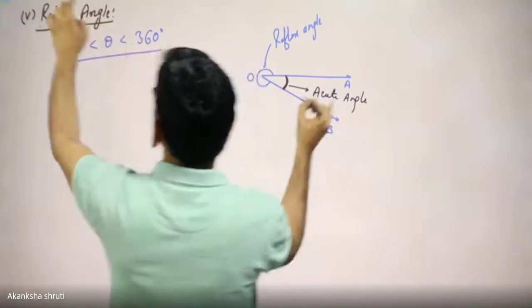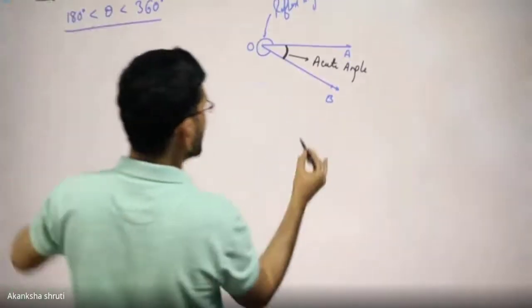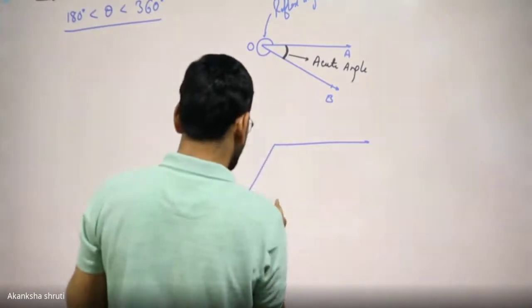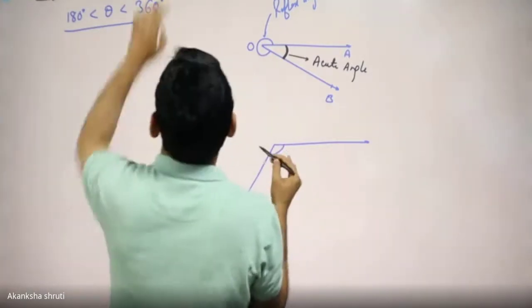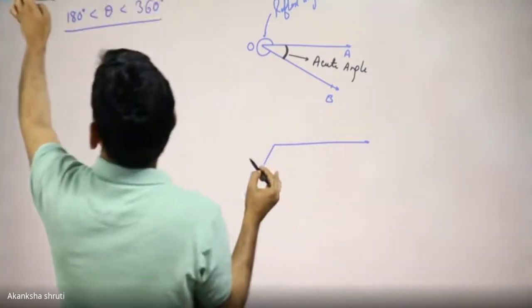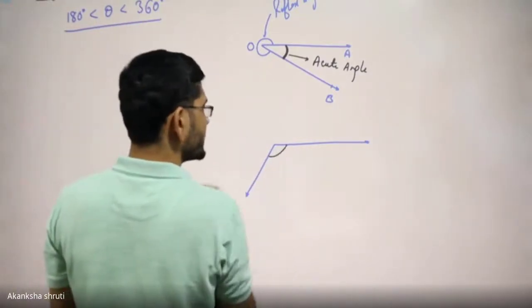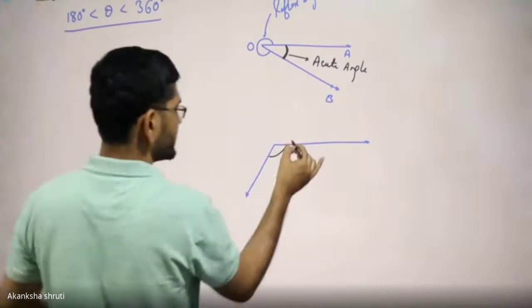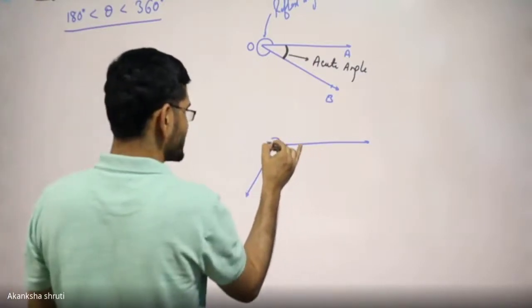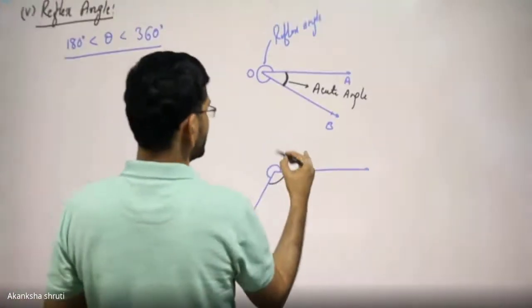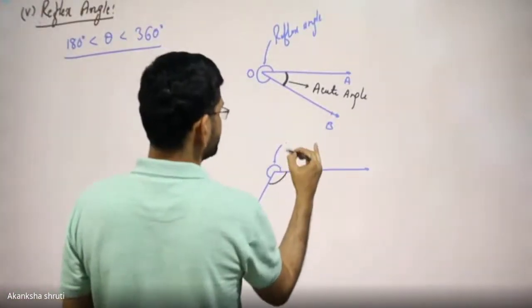It may be possible that a smaller angle on this side is an obtuse angle. What will be the reflex? The angle which is bigger than 180. So it will be the reflex angle.